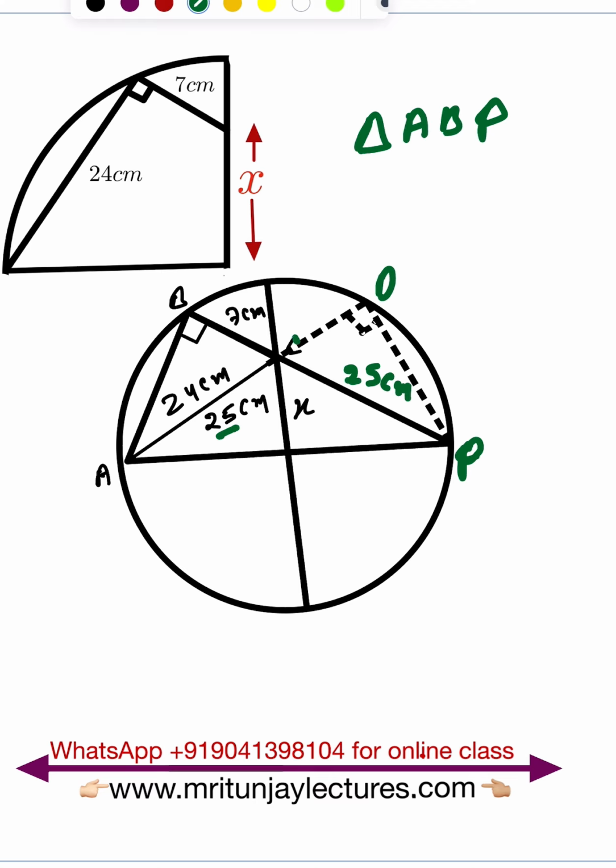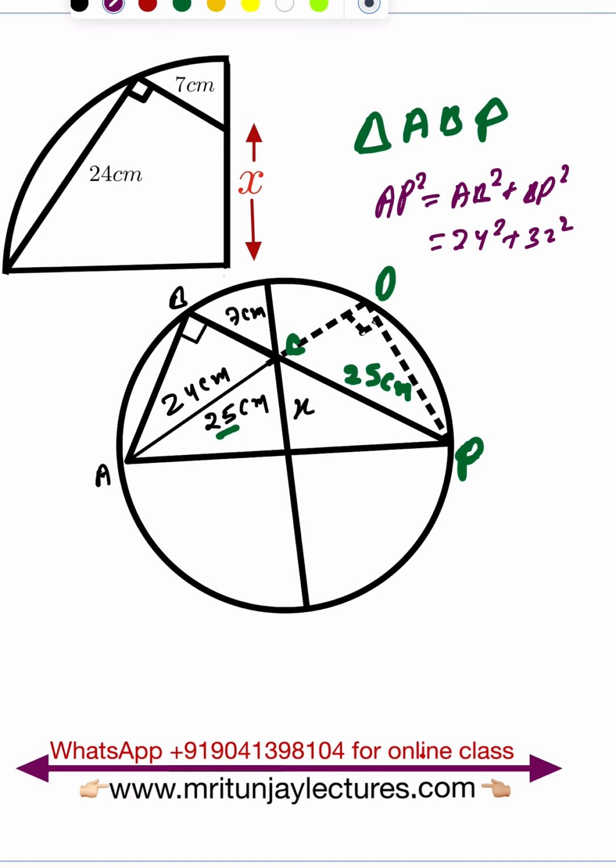So in triangle ABP, AP square is equal to AB square plus BP square. AB is 24, so 24 square plus BP, which is 25 plus 7. So 25 plus 7 is 32 square.